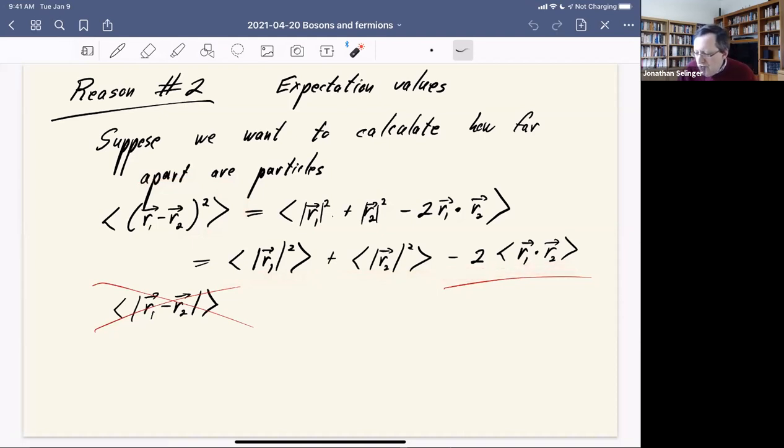This is really 3 expectation values, which we can calculate in any wave function, for a combined 2-particle wave function for particle 1 and particle 2.